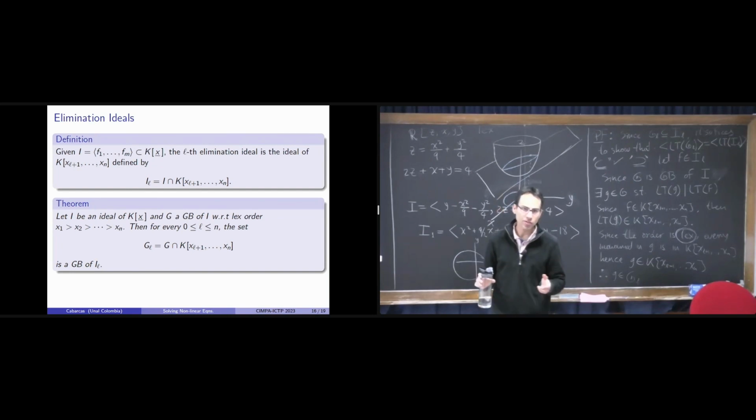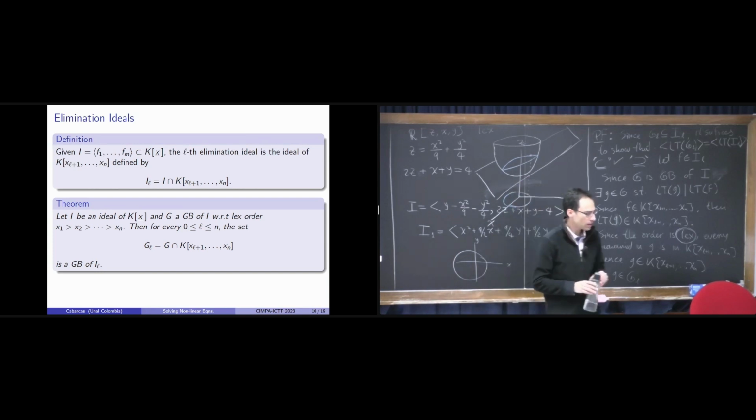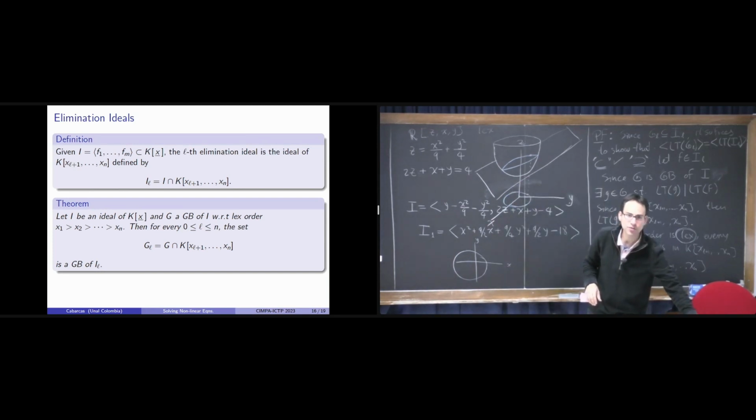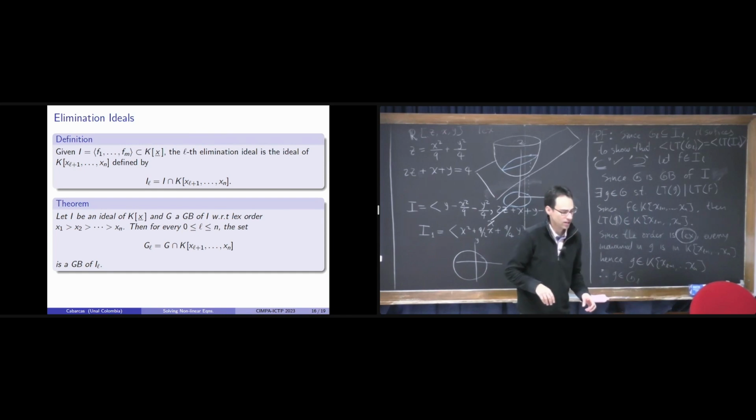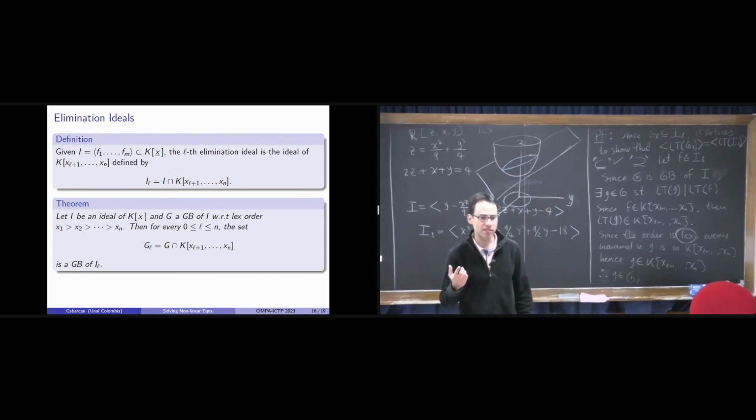Now, are there any questions before we continue? Maybe I should mention something here. Computing a Groebner basis in lexicographic order is usually very expensive.